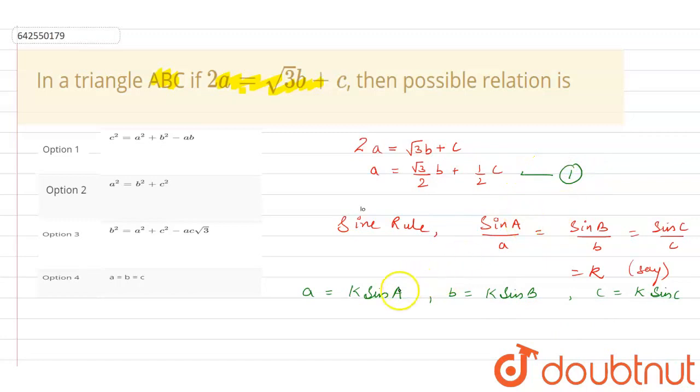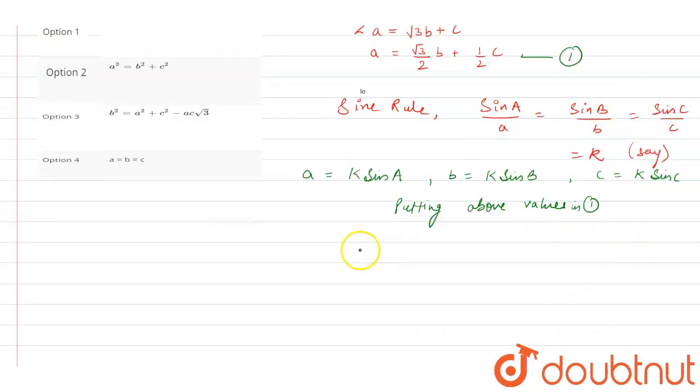Putting the above values in 1, we get: what is the value of a here? k sin A is equal to root 3 by 2 times the value of b, which is k sin B, plus half times the value of c, k sin C. From here, if you take k common, it will get cancelled.